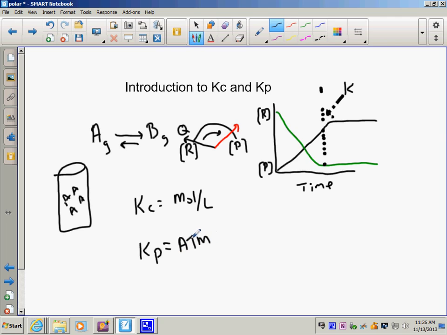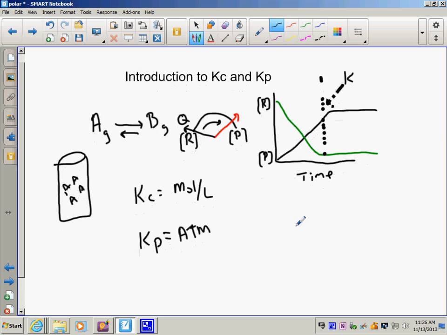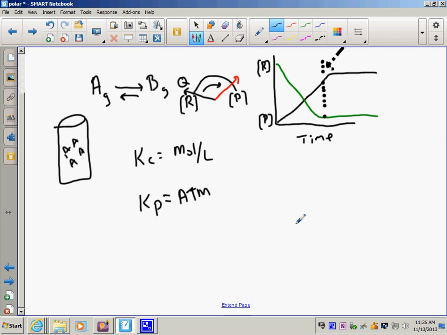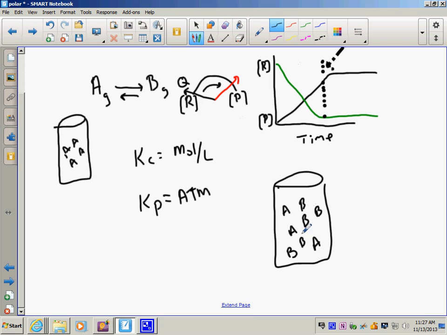And we will only be tracking the individual partial pressures of each individual gas. A brief explanation of that would be, let's say we have this same reaction, and when it comes to equilibrium, we have some A's in here, as the equilibrium is stating, but we also have a bunch of B's, and we should have a few more B's than we do A's, because this is a product favored reaction.